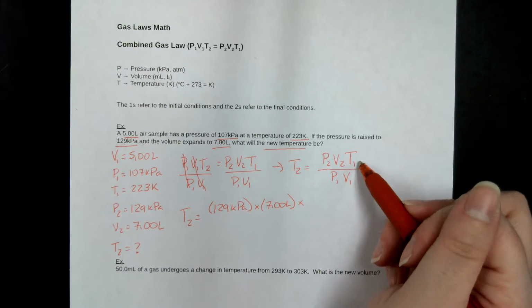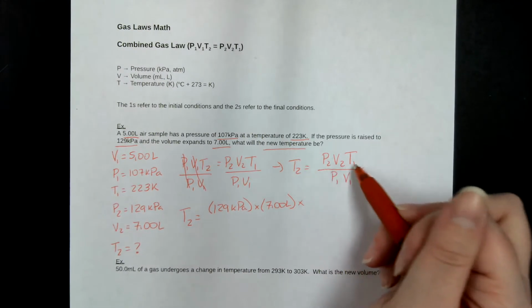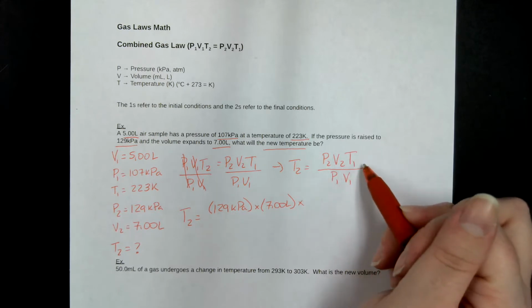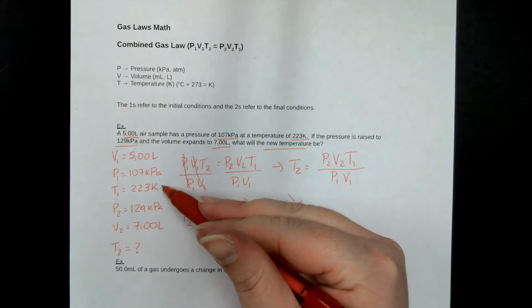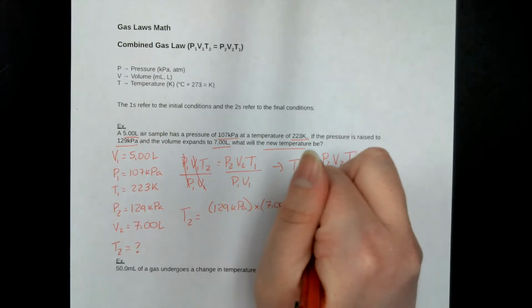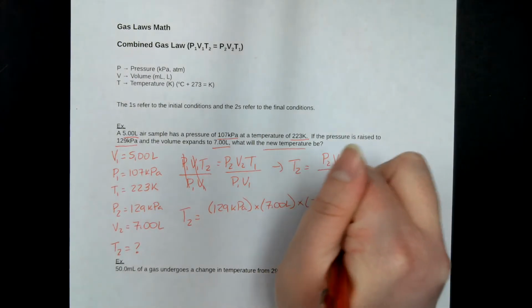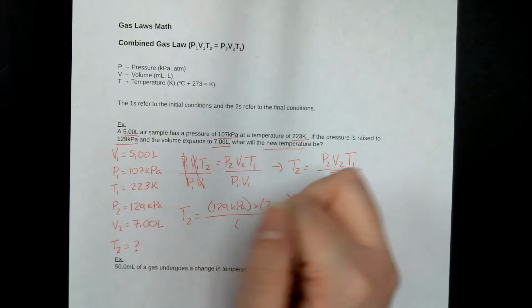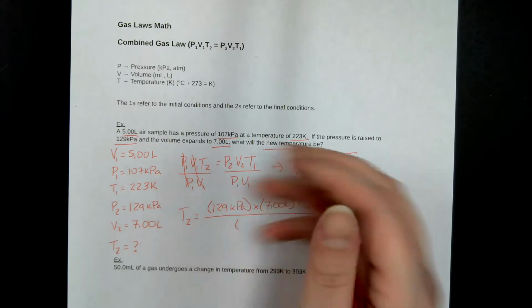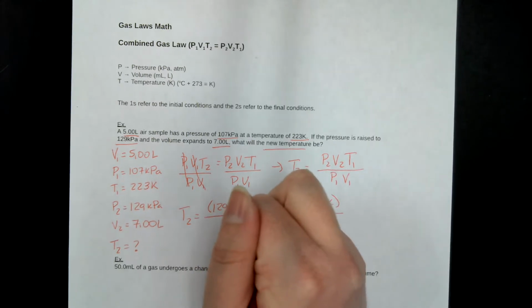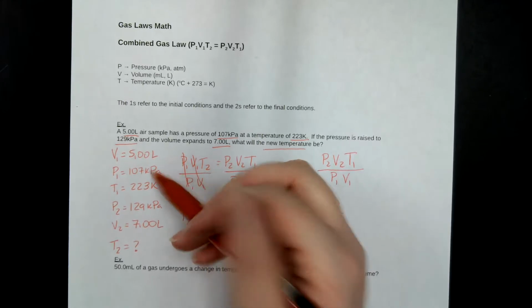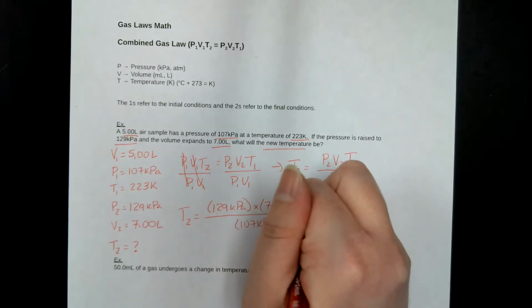So it will be really important that you pay attention to which one you're plugging in. So this is T1, which was 223 Kelvin, divided by P1, 107 kPa, times V1, 5.00 liters.